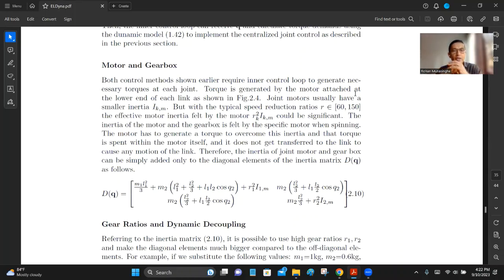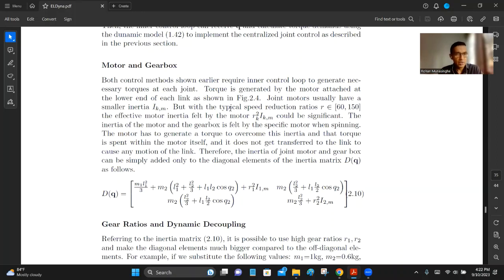Yeah, in a way you are right. They're part of the links. But this is the reality. The reality is that the motors and gearboxes are not that heavy, and they don't have a lot of inertia compared with the link itself, which is going for maybe half a meter or so.